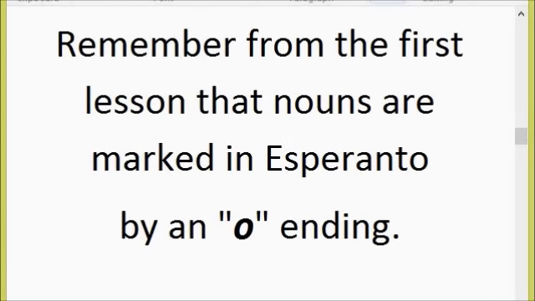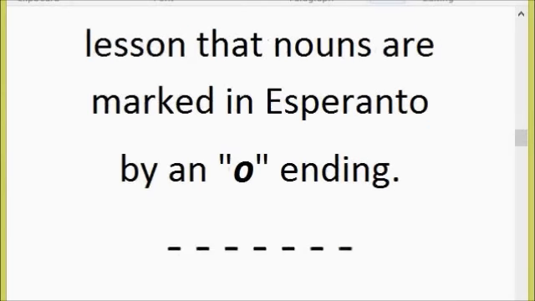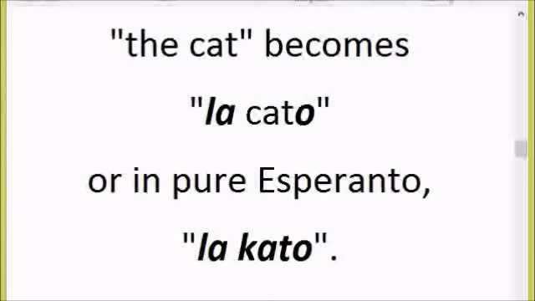So O is always O. It's not A or O or any of the other things that it can end up being in the English language. It's just O. The cat becomes la kato, or in pure Esperanto, la kato.